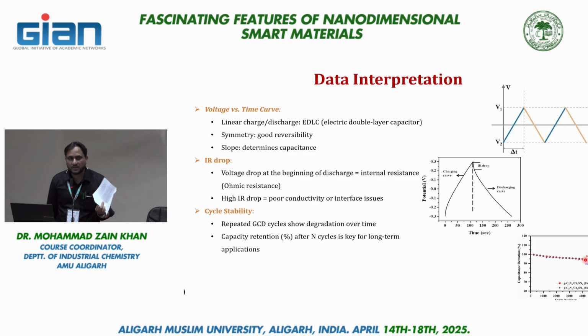Because of the presence of oxygen atoms, the conductivity of graphene oxide is much lower than graphene. But the problem is we cannot directly obtain graphene. So what we do is, we take graphite and do exfoliation.